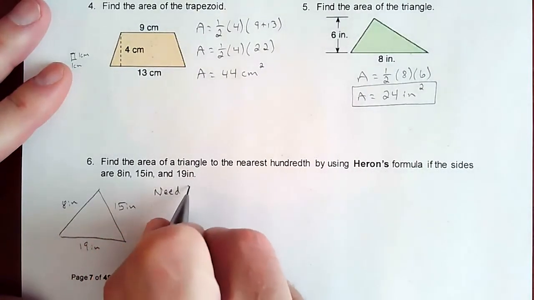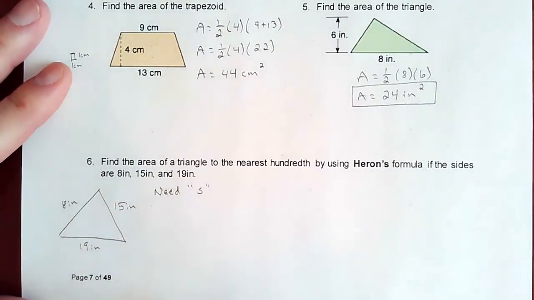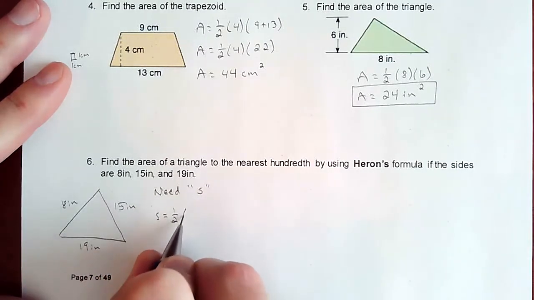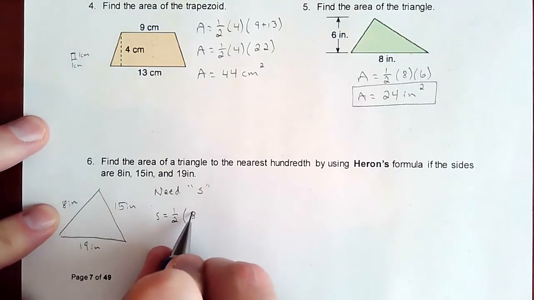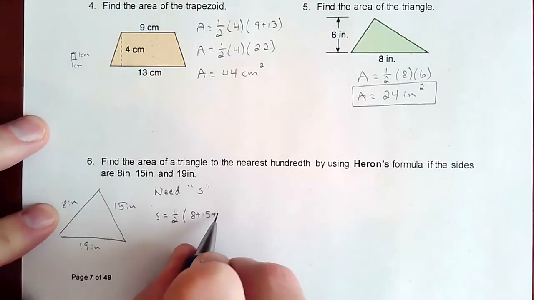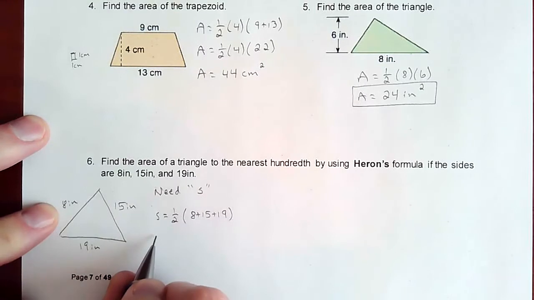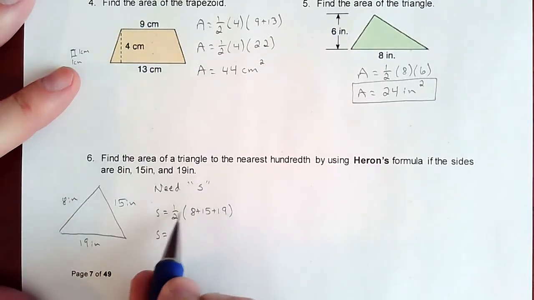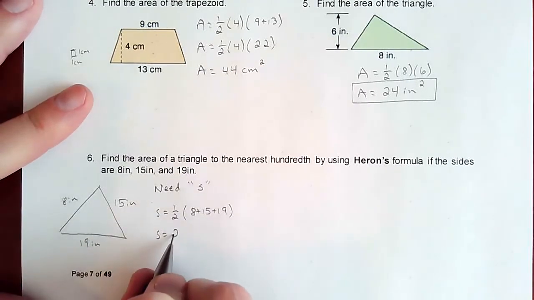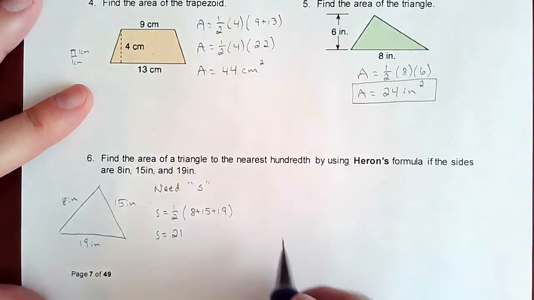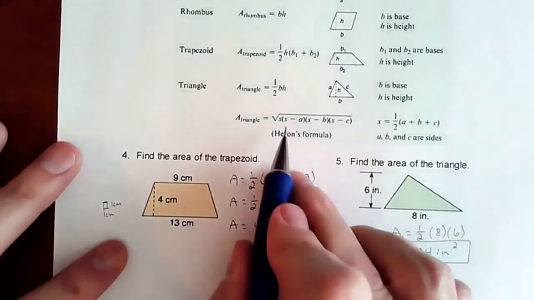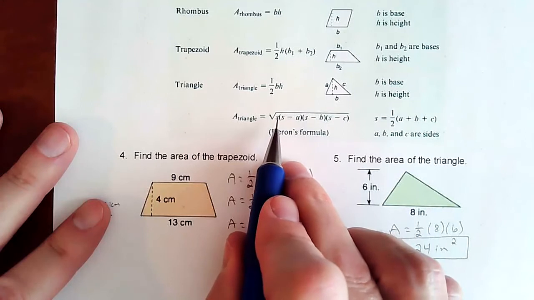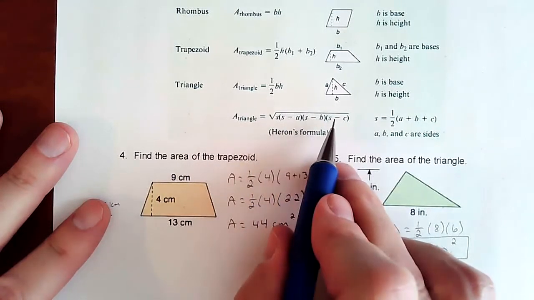We need s. So our s is going to equal 1/2 the sum of all the pieces: 8 plus 15 plus 19. If you add all that together, that adds up to 42. We take half of that, which is 21. So now we can jump into this formula. We have our s, which is 21, so it'll be 21 here, 21 here, 21 here, and 21 here.